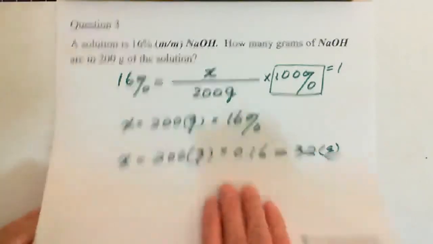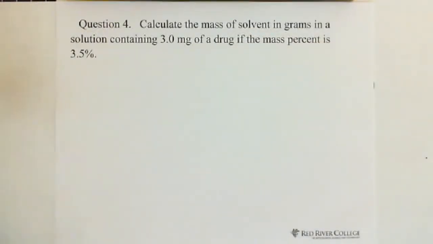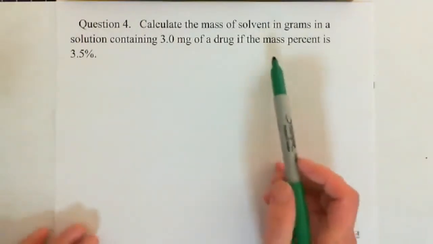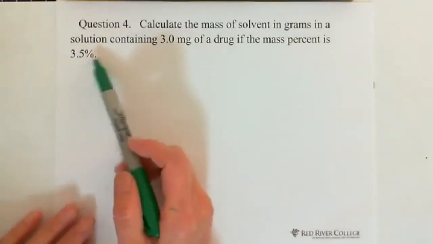So next question, question 4. Calculate the mass of solvent in grams in a solution containing 3.0 milligrams of a drug, if the mass percent is 3.5%. We are given the mass percent is 3.5%.